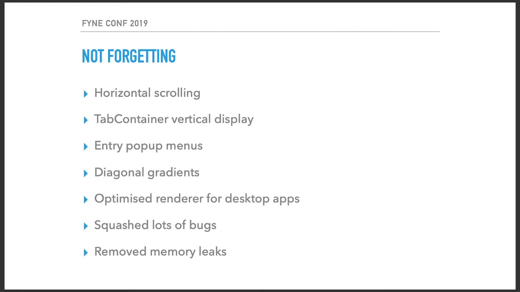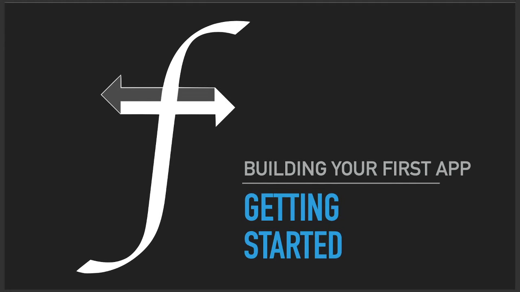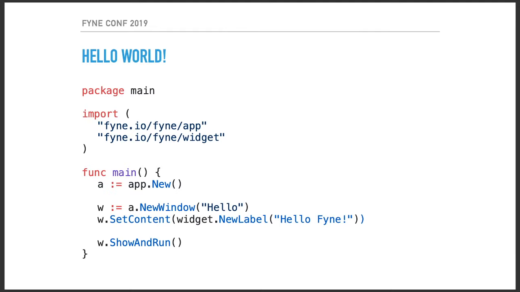Now, that's a lot of talking. I think that it would be great to write some code. Let's have a look at building our first Fyne app. So we're going to build a Hello World application. It may not be particularly inspired, but it really is a great start.